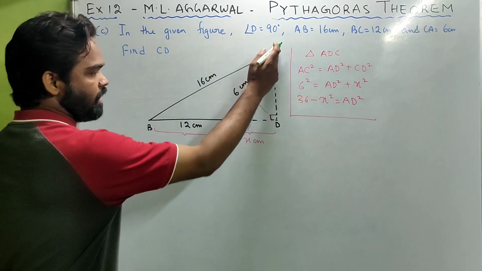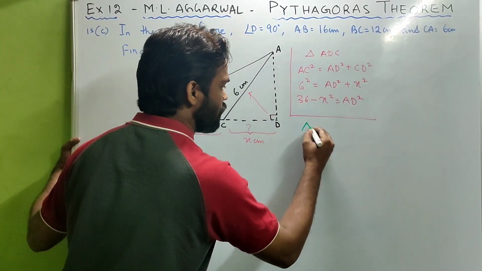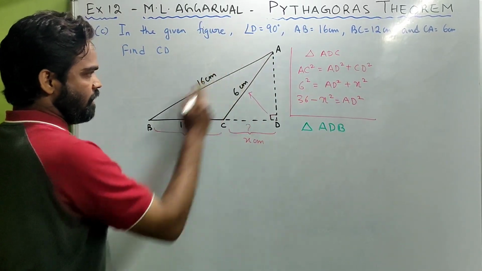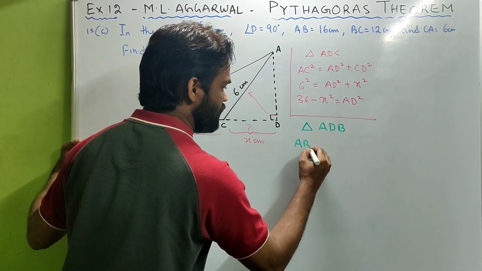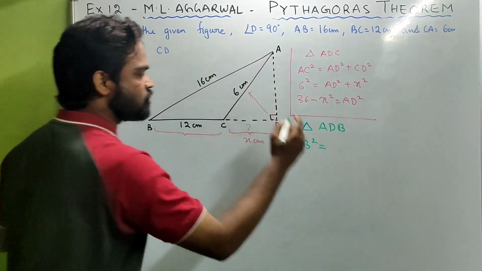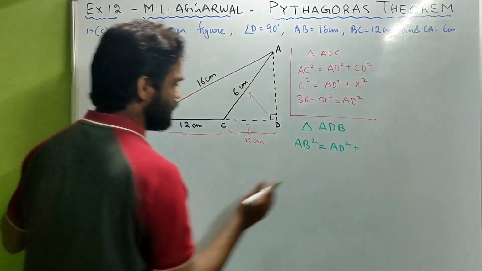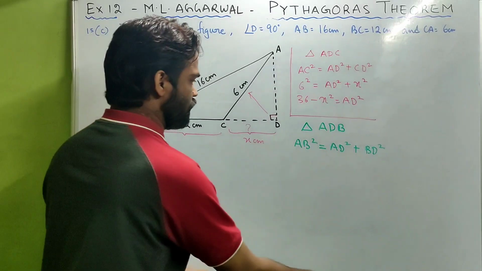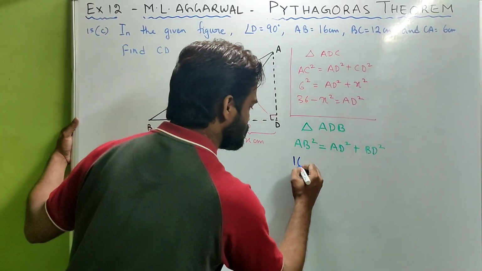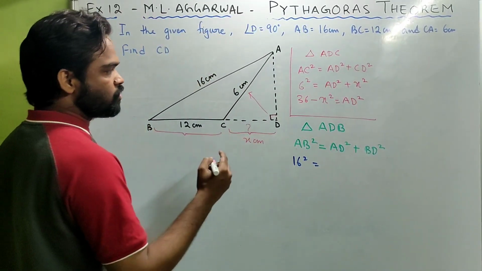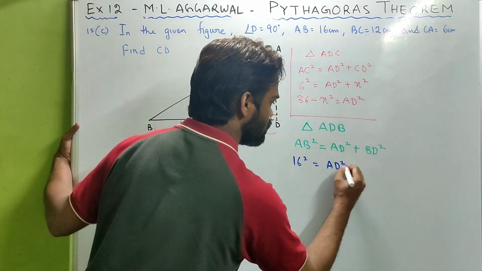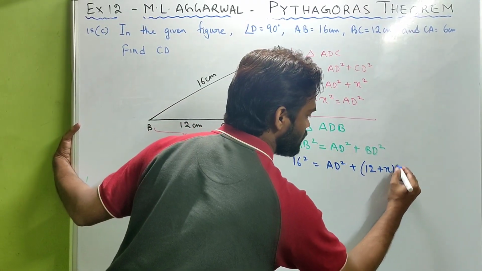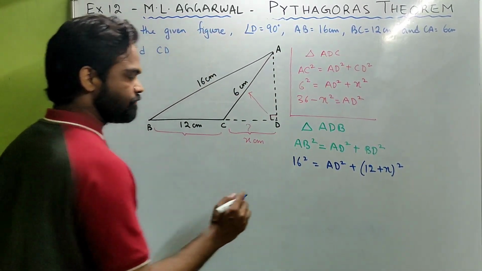Now look at triangle ADB. I'm talking about triangle ADB. Again, AB is your hypotenuse. So AB square is equal to AD square plus BD square, which means, look carefully, AB square is 16 square, AD square as it is, plus BD is 12 plus X, that's 12 plus X whole square, isn't it?